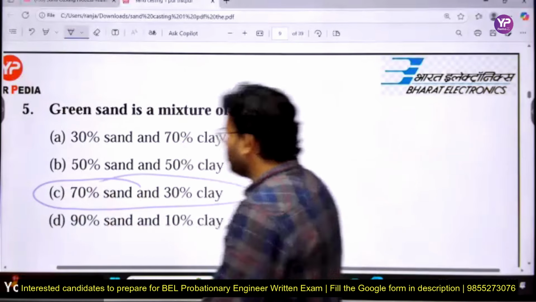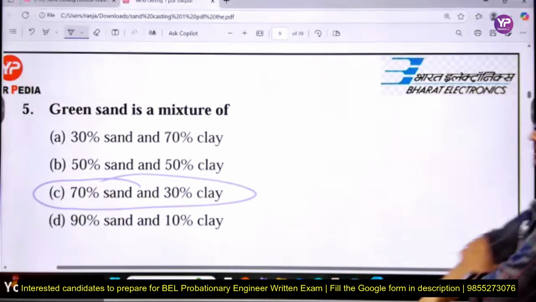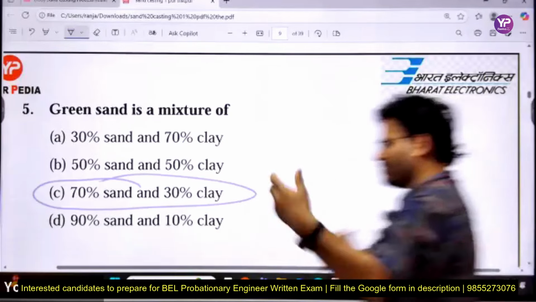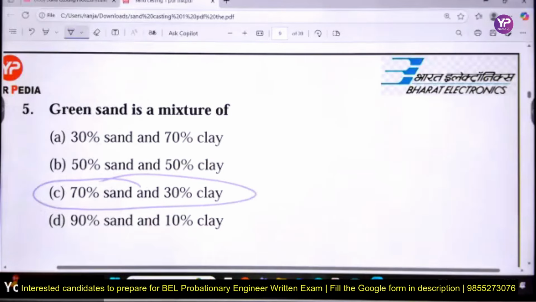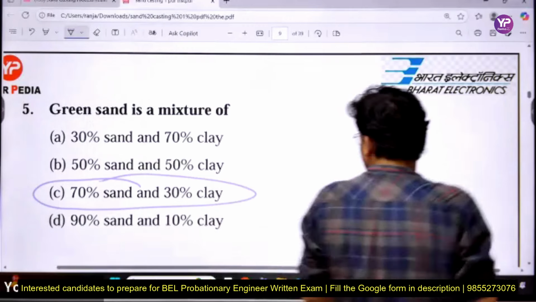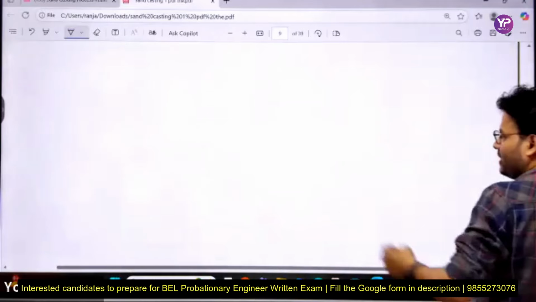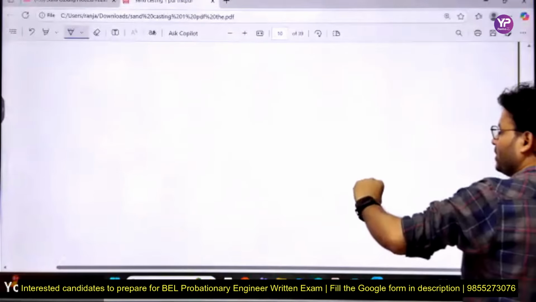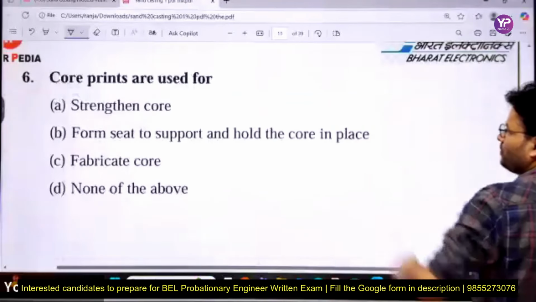Clay. Yeah, C right now, not A. That is the right answer. So try to keep that in mind, my dear friends. 70% is sand and 30% will be the clay, and a little bit of sawdust and coal dust you are going to use.